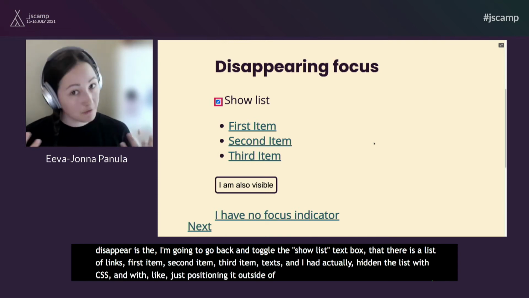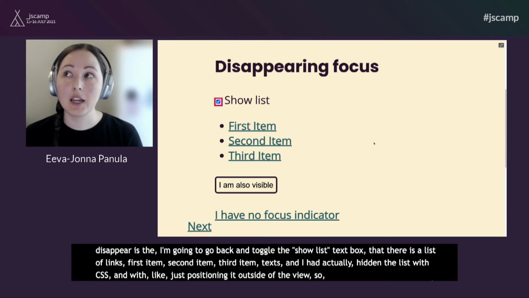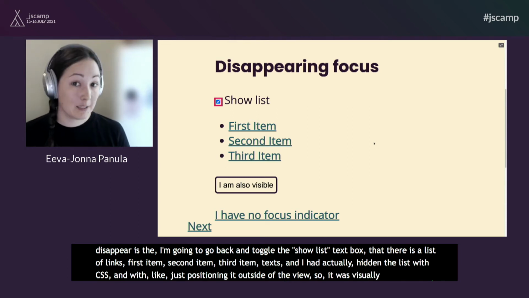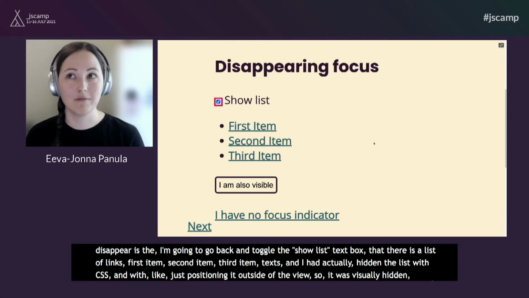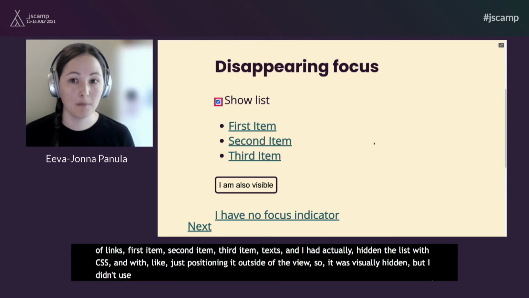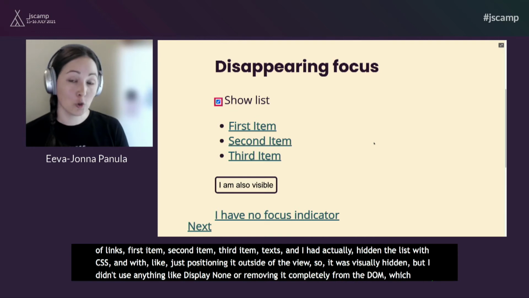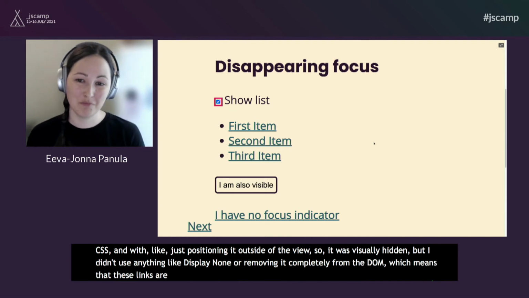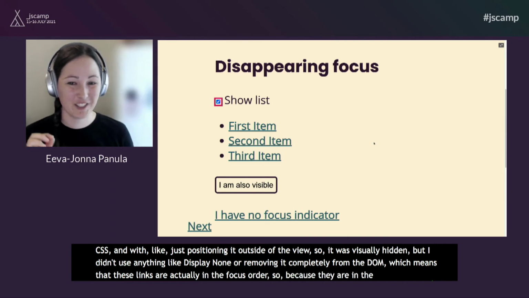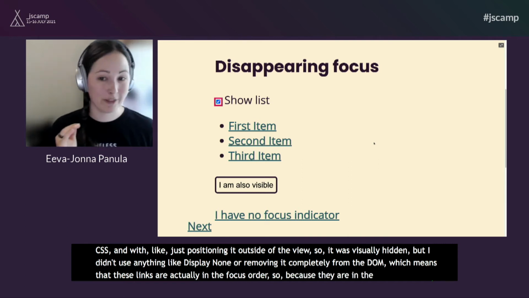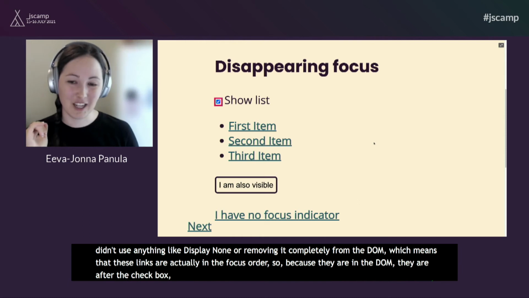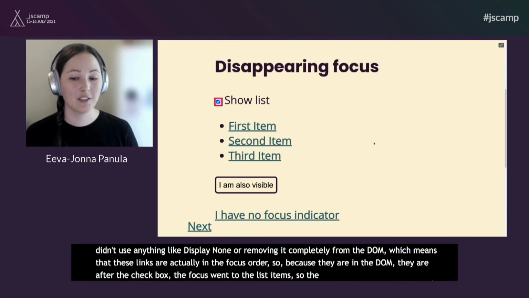So it was visually hidden, but I didn't use anything like display none or removing it completely from the DOM, which means that these links are actually in the focus order. Because they are in the DOM, after the checkbox, the focus went to the list items, the links on the list, and only after that to the button.